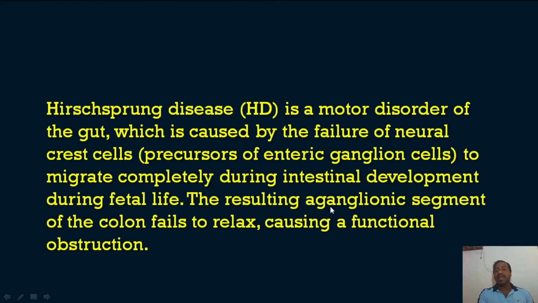The resulting aganglionic segment of the colon fails to relax, causing a functional obstruction. Okay, so that particular segment won't respond and it fails to relax, causing functional obstruction. So that is Hirschsprung's disease, and as a result the baby won't pass meconium within the first 48 hours of birth.